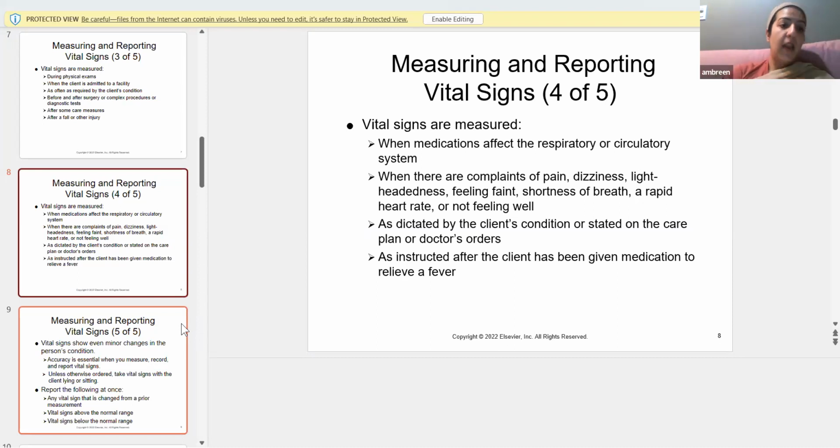It will drop. When it has already dropped and on top of it we give him this sensitive blood pressure medication, it drops way too low, and your patient can have a fall. That's why for some medications, before we give them, we need to monitor vitals.